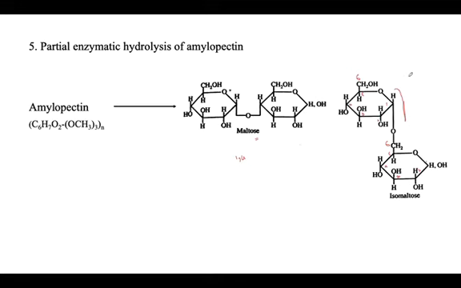This 1,6 linkage indicates that the branch point lies at carbon 6 here, and this is the branch point, with 1,6 linkages and 1,4 linkages.